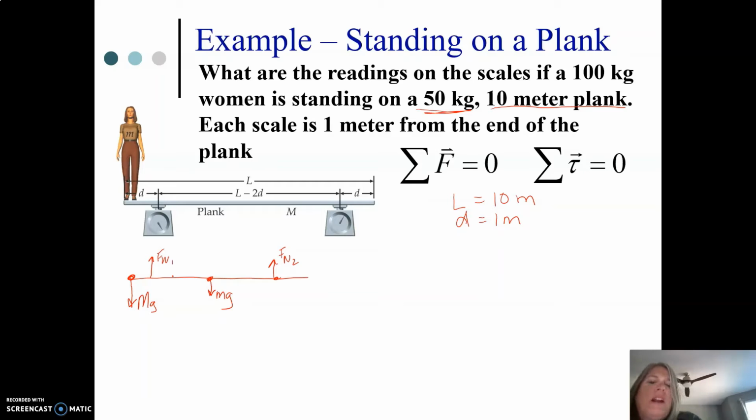So if we write our equations, if we do a sum of the forces, these are all vertical forces, so the sum of the forces in the y equals 0. Then normal force 1 plus normal force 2 must equal the weight of the woman plus the weight of the plank.